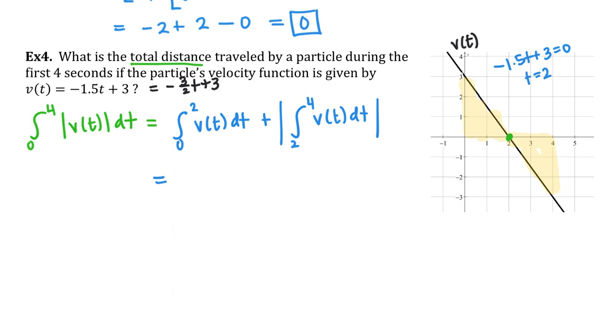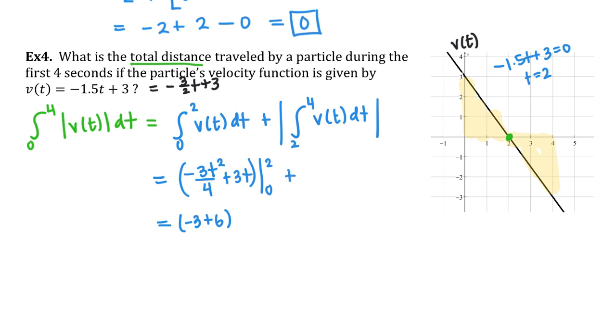So this is going to be -3 over 2 t squared, and then I'm going to divide it by 2, plus 3t, from 0 to 2. Let me finish this right now. I don't want to do both at the same time. So if I plug in 2, -12 divided by 4 is -3, plus 6, minus 0 is nothing. Okay, now I'm ready for the other one.